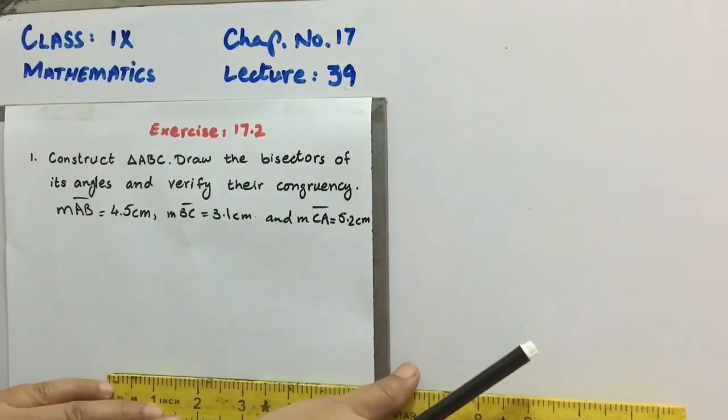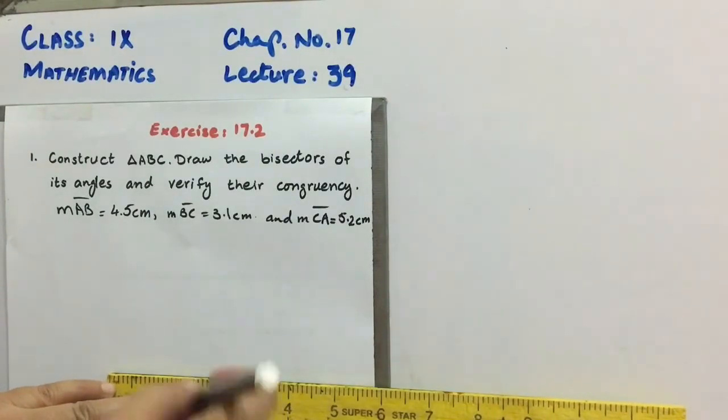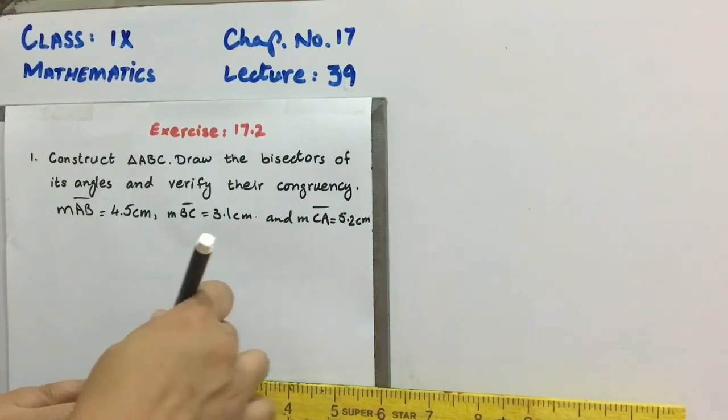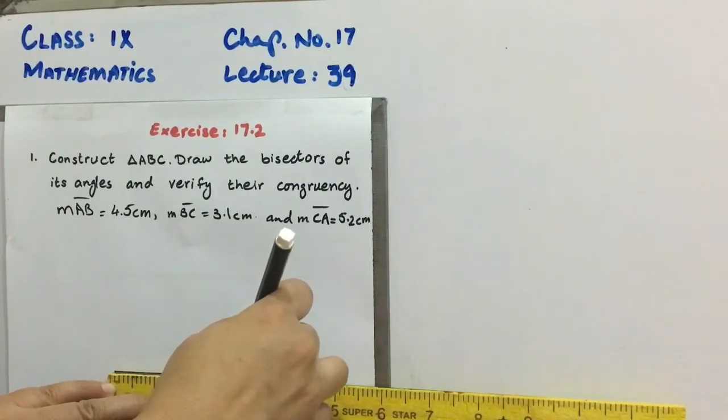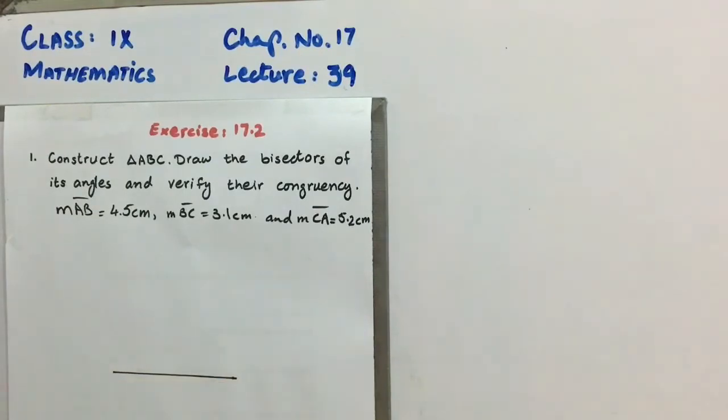Measurement AC 5.2 centimeters. Now side BC is equal to 3.1 centimeters. Adjust the legs of your compass at 3.1 centimeters.